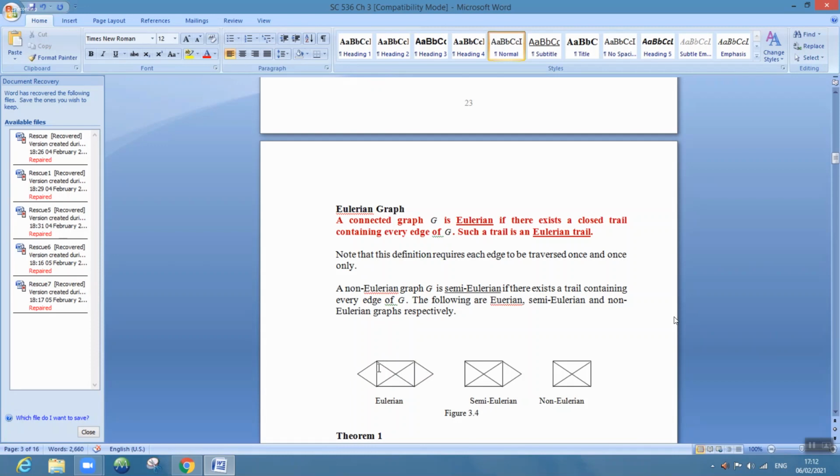So if you start from any vertex, you can end at the same point. You have to visit the vertices several times, but edges we do not repeat. Therefore, first graph is Eulerian.